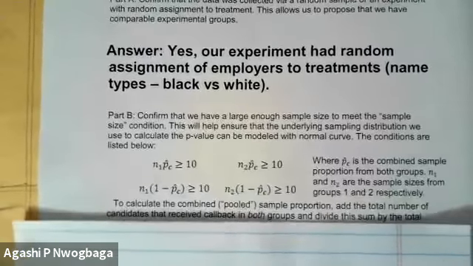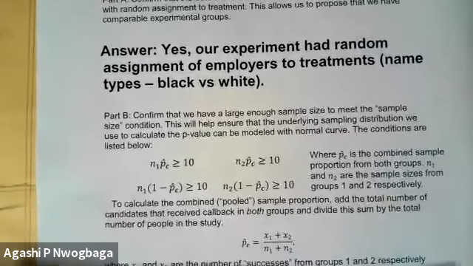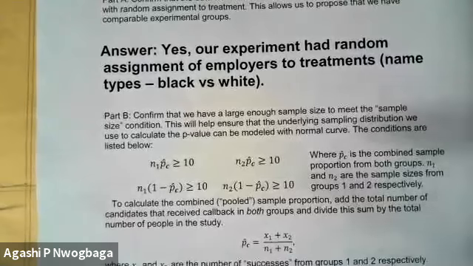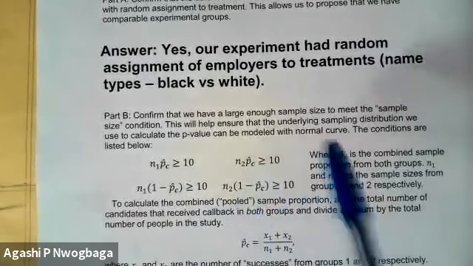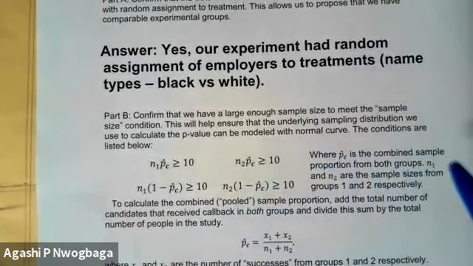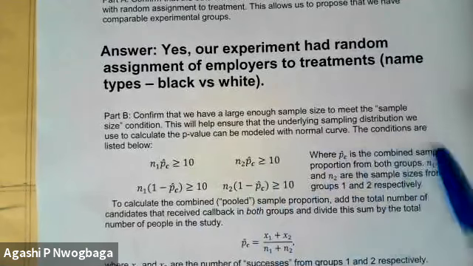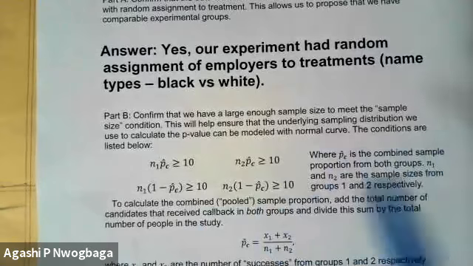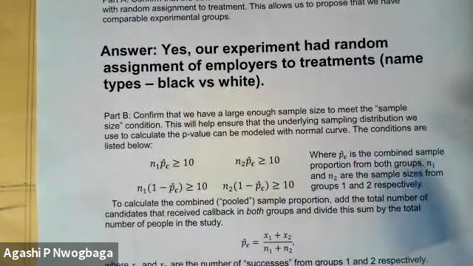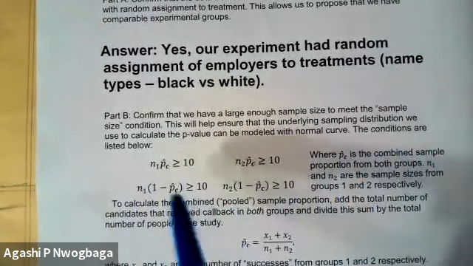Part B. Confirm that we have a large enough sample size to meet the sample size condition. This will help ensure that the underlying sampling distribution we use to calculate the p-value can be modeled with a normal curve. The conditions are listed below.